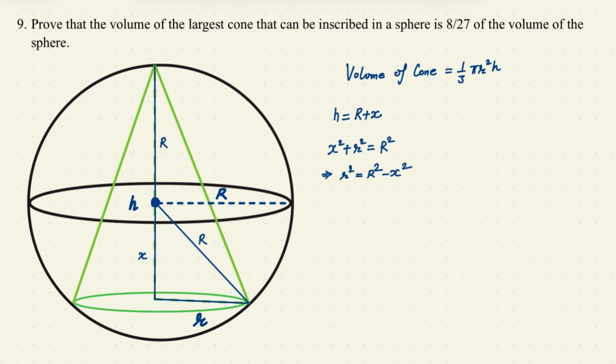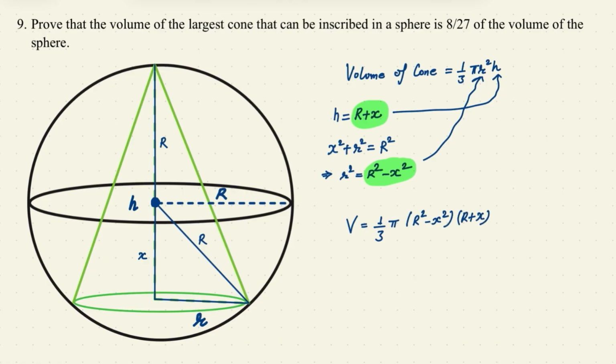Now since I have got the value of h as R plus x and the value of r square as capital R square minus x square, we will substitute these two values in the volume of the cone. So by doing so, my volume of the cone can be written as 1 by 3 pi times (capital R square minus x square) times (R plus x).